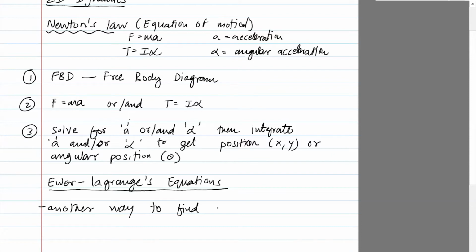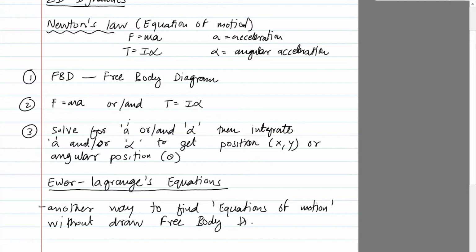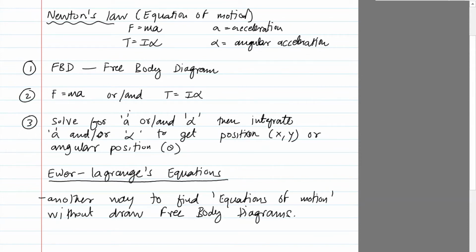Okay, to find equations of motion without drawing free body diagrams. Okay, and I'm going to lay down how Euler Lagrange equations are used first, and then we'll solve a simple problem, basically projectile motion. So that will give an intuition of how these equations are used.